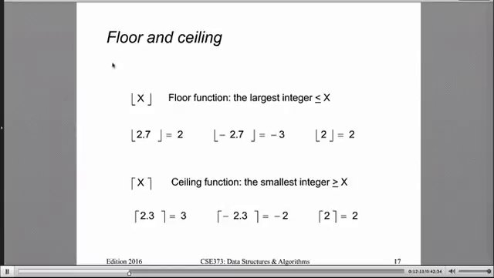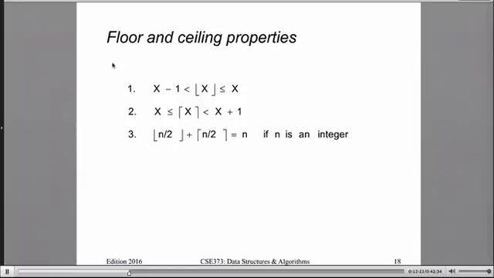It is a very common function. We have some properties we can summarize on the slide. For example, if you take the floor of n divided by 2 plus the ceiling of n divided by 2, you get n.